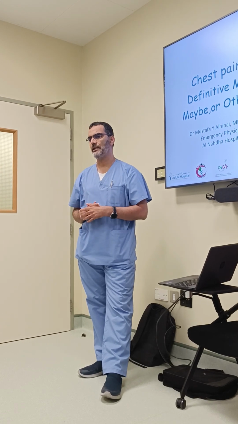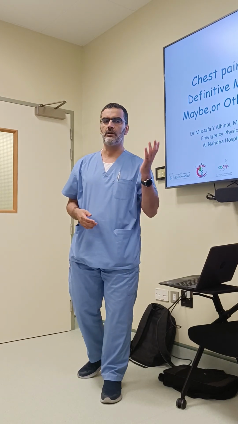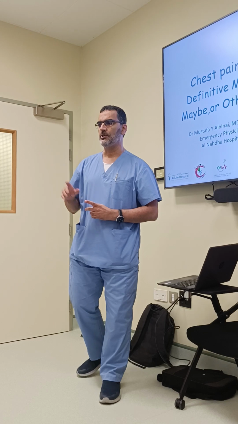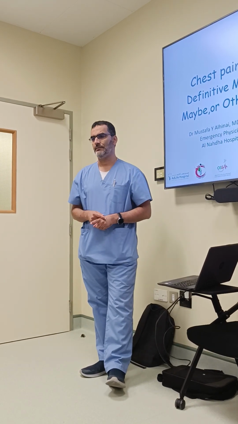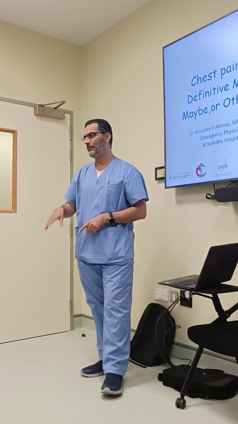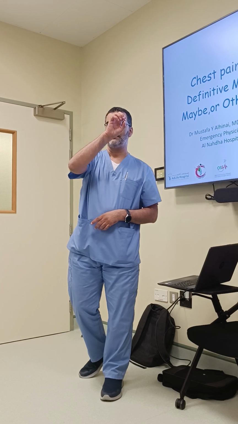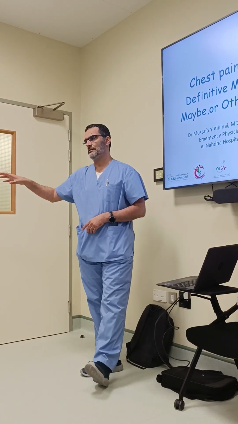Maybe not cyanosis, but they have tracheal tugging, high respiratory rate, stridor, wheezing, intercostal recessions, but saturation is normal. So don't rely only on saturation. Look at the patient. You are not treating the monitor, you are treating the patient. So we said appearance, respiratory distress, and the third one is hydration status.